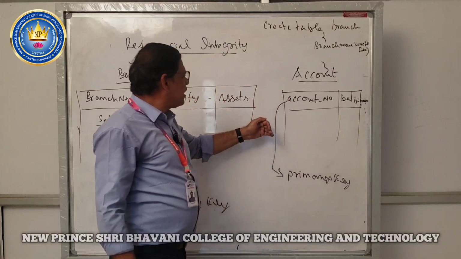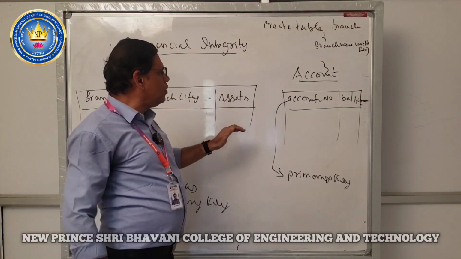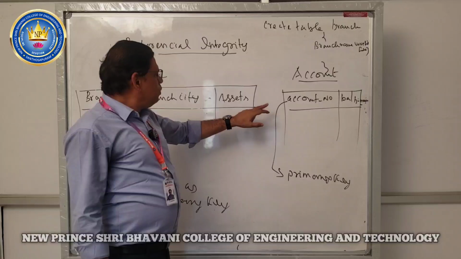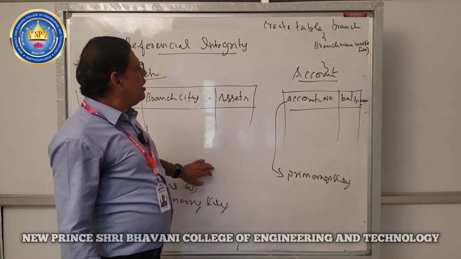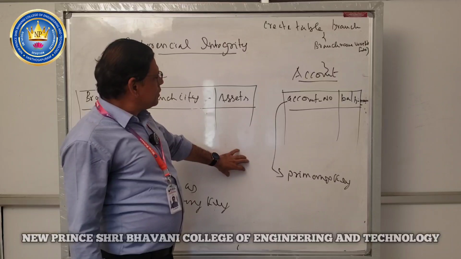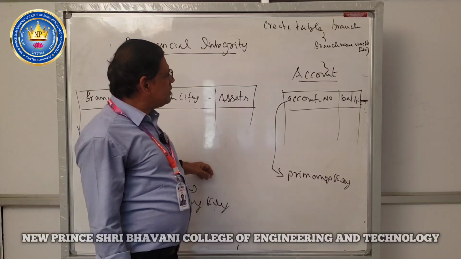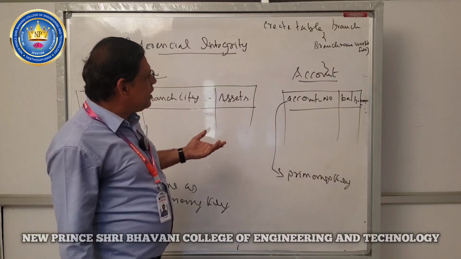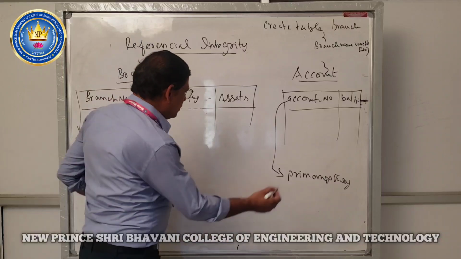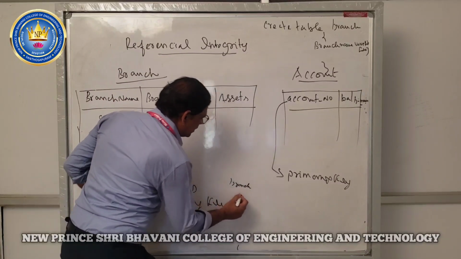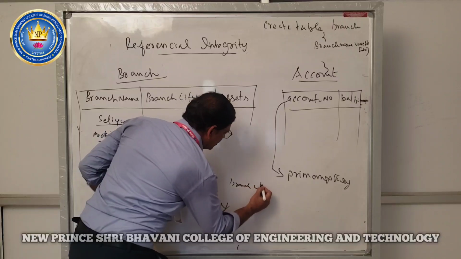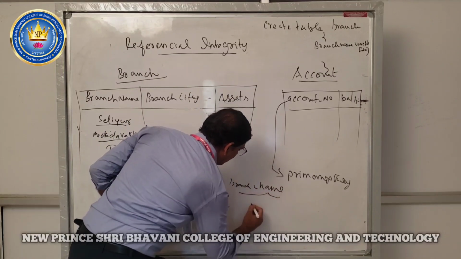Similarly, when we create the account table, create table account, and then account number, which can be integer, and then balance can be integer, and branch name. This branch name we have to set as the foreign key.